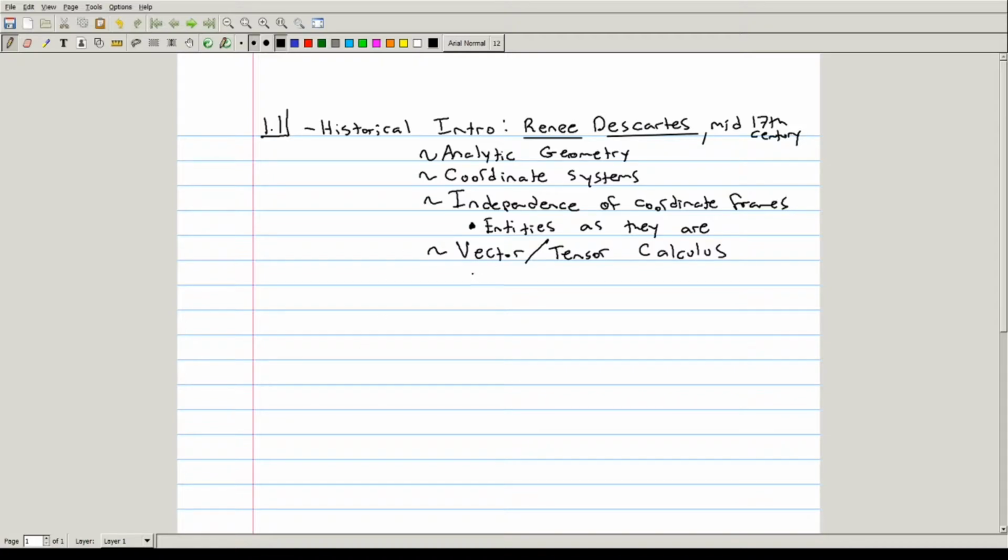One of the nice things about vector tensor calculus, in the vector tensor concept in general, is that it allows for a very compact form of equations. So equations are very, very compact.